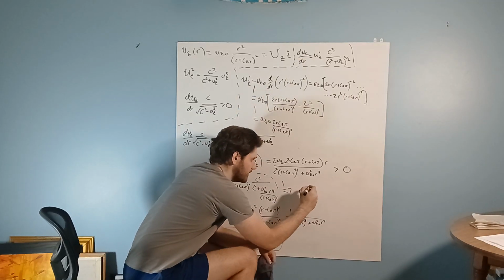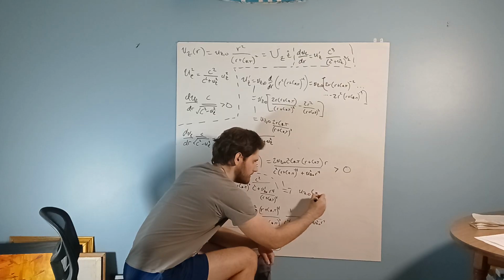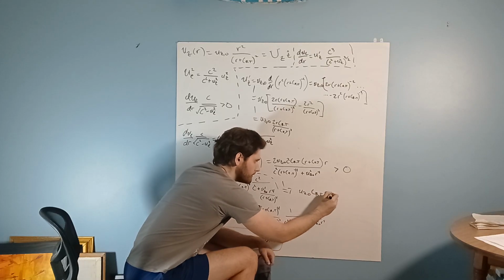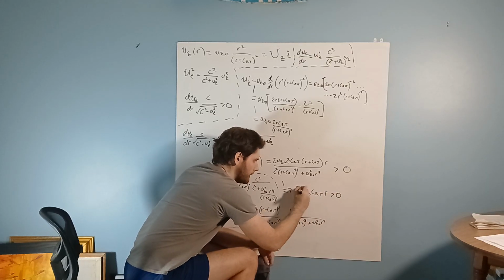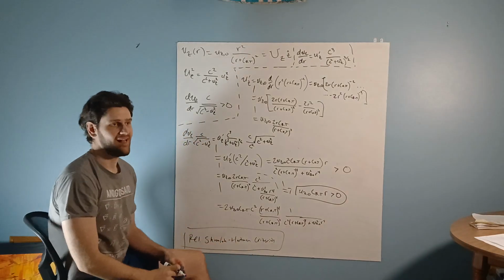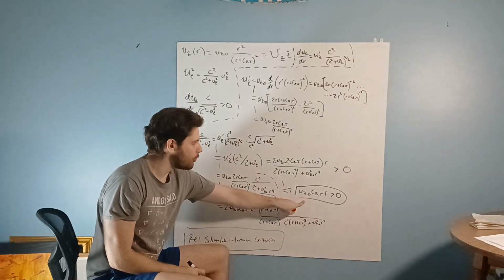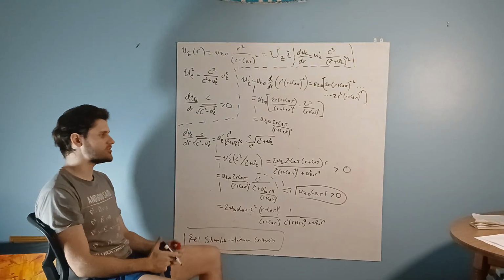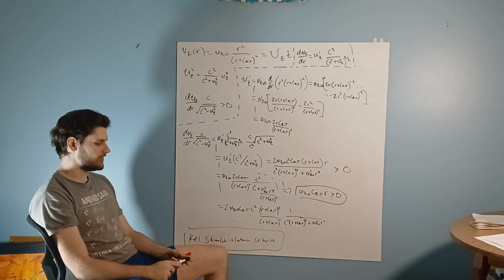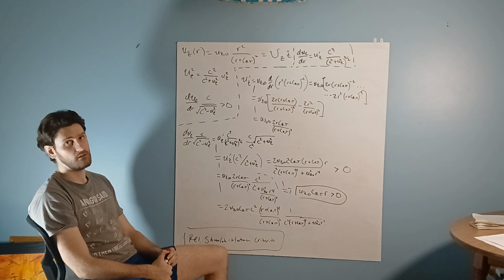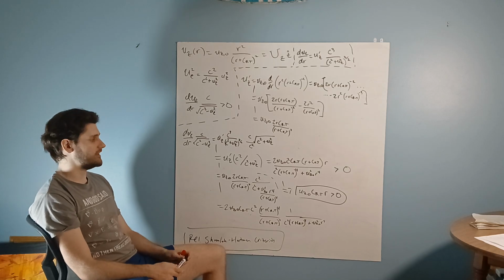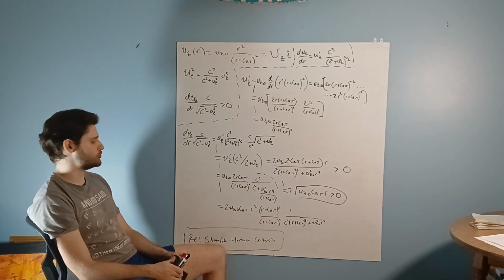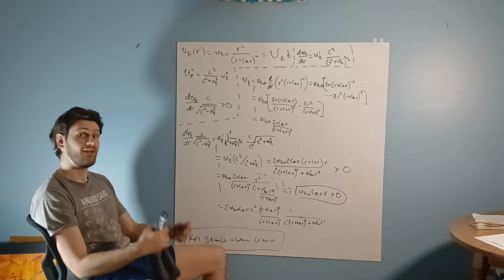What we get is u_z0 cdt over r is greater than 0. And guess what, y'all? That is always going to hold for a non-trivial problem. And even at the origin, it still is marginally satisfying the shear-flow stabilization criterion, the relativistic Shumlak-Hartman criterion.